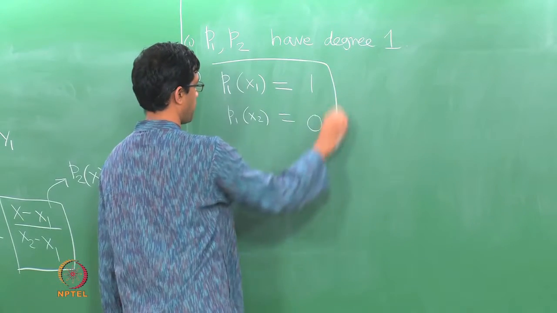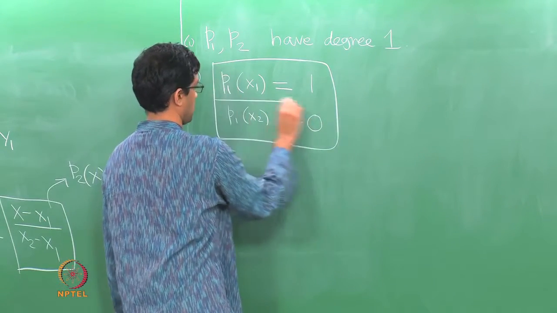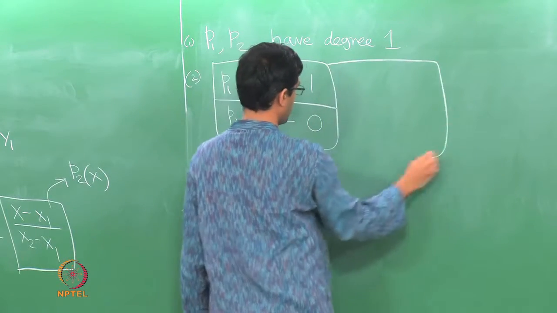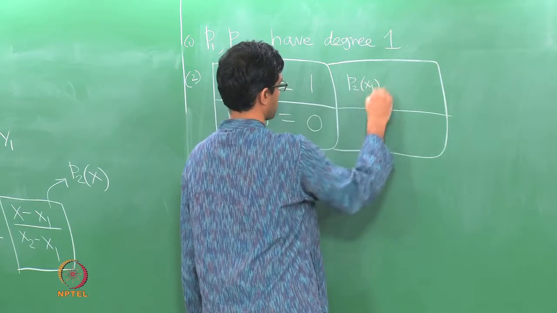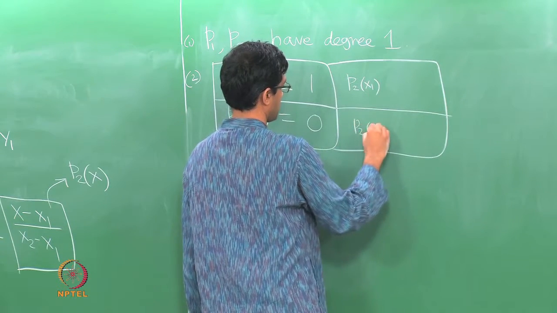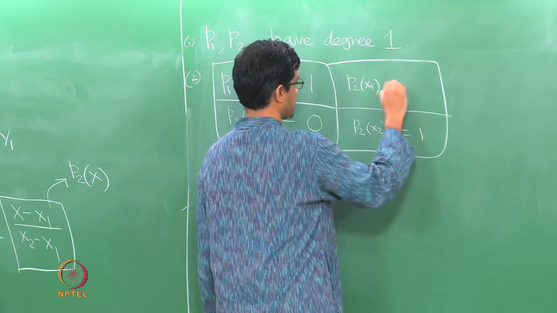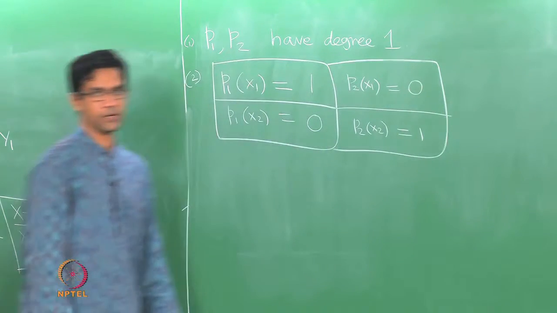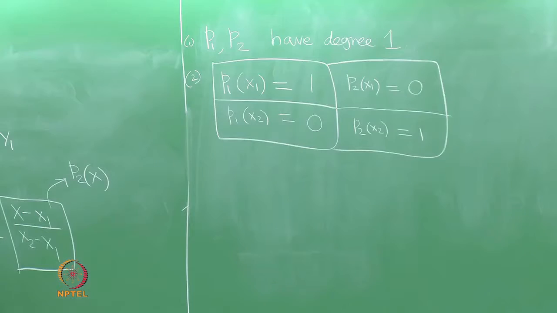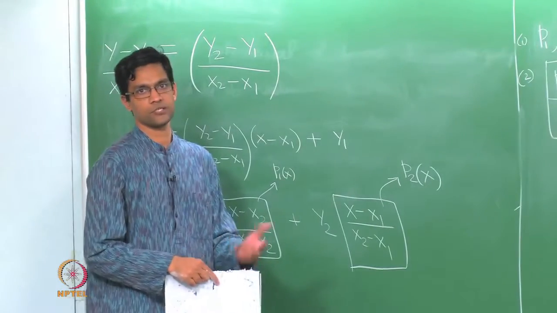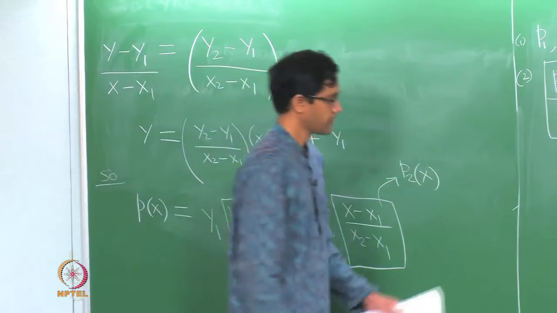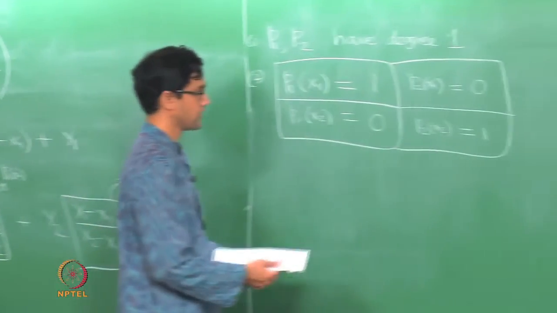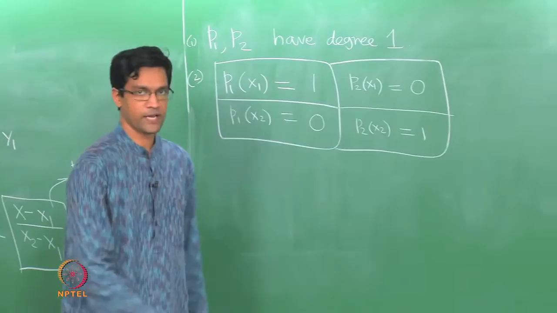Okay, so this is what p1 is, and if you try the same thing with p2, it is the opposite, it is 1 on x2 and 0 on x1. Okay. So you have these two polynomials which have these two nice properties that they are 1 and 0 on x1 and x2. Okay, so that suggests a general way of attacking this problem.